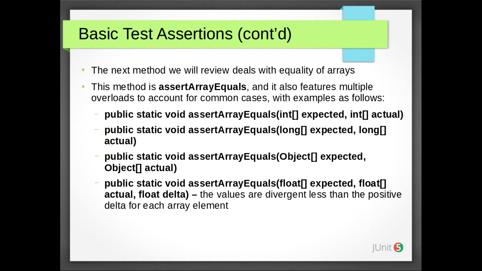The next method we will review deals with equality of arrays. This method is assertArrayEquals, and it also features multiple overloads to account for common cases, with examples as follows.